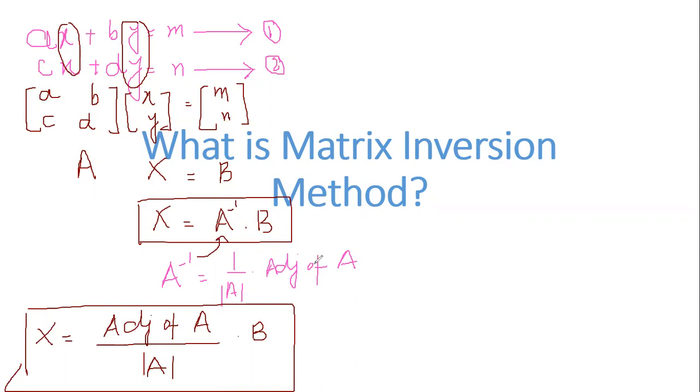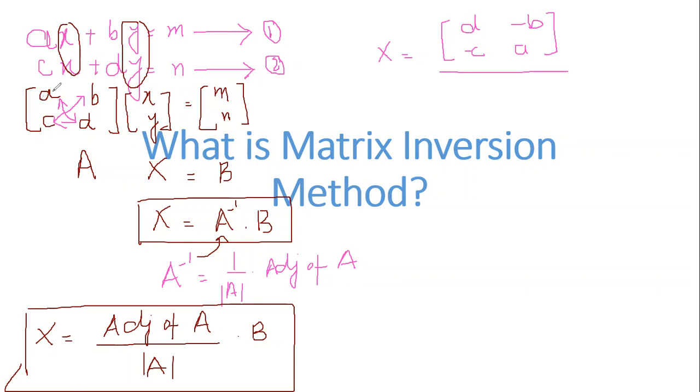Now, what is the adjoint of A? The adjoint of A is replacing the position of A and D, and converting the sign of both C and B. So adjoint must be D A, and the sign conversion minus C minus B, into whole of the determinant.